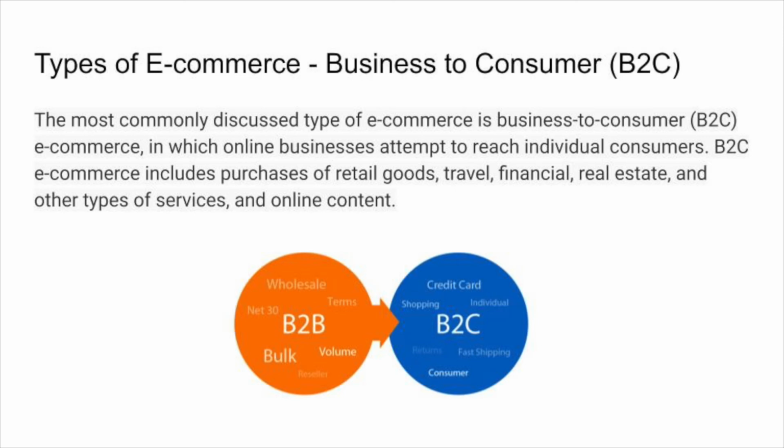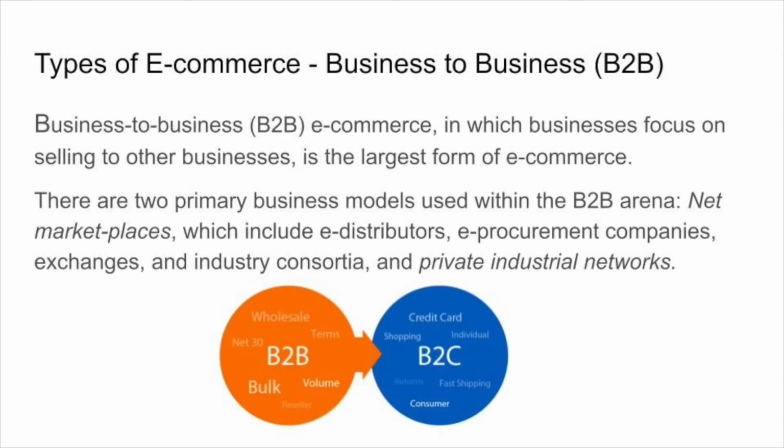So, things like retail goods, travel, financial, real estate, other types of services that you as a consumer would buy would be considered B2C e-commerce. But that's not the only one. There are many others. The next most common one that we think about is business to business e-commerce. And this is where a business works with another business. This is like a retailer to a wholesaler. So business to business e-commerce has been around a long time. And it focuses on one business buying something from another business.